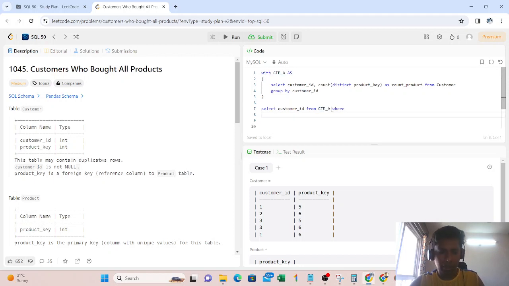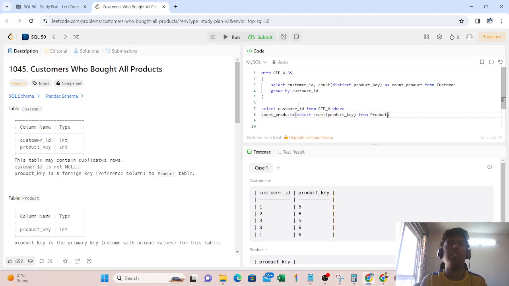where count product is equal to select count of product key from product.